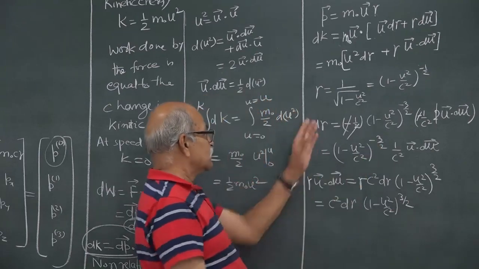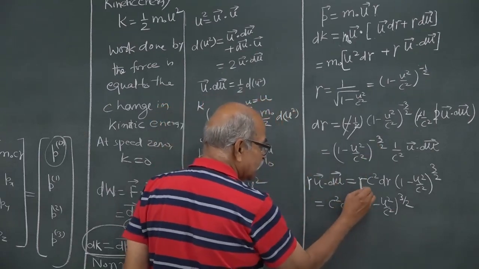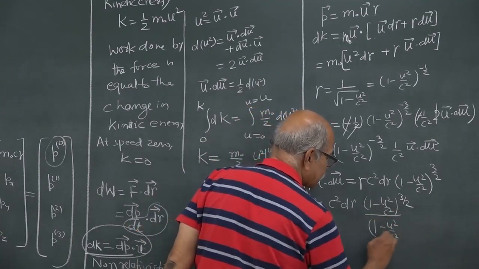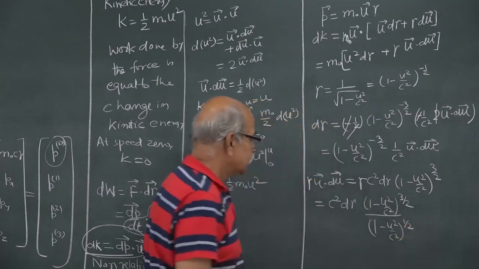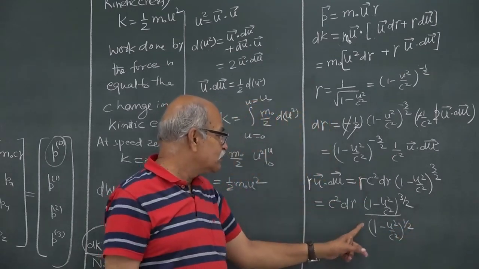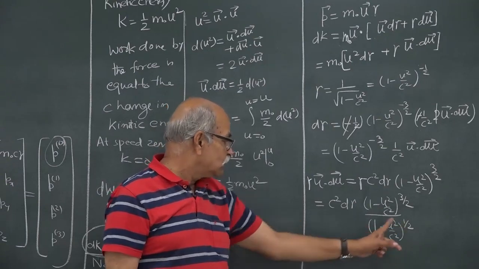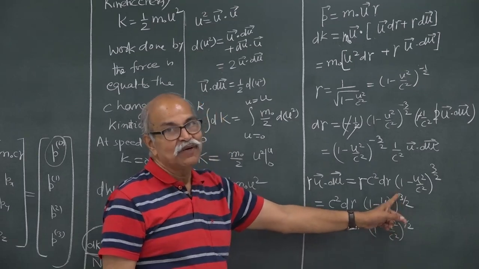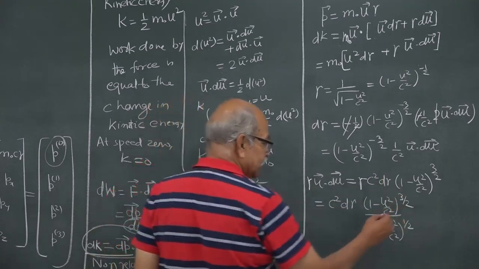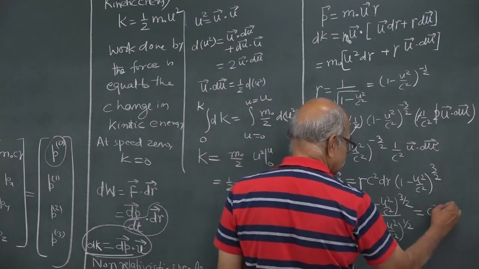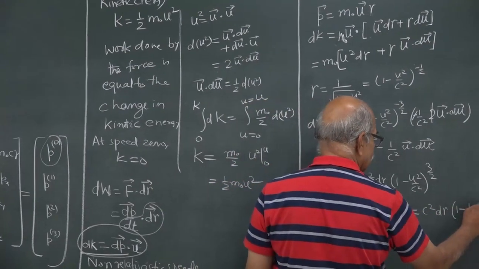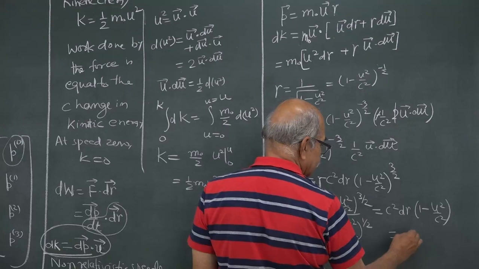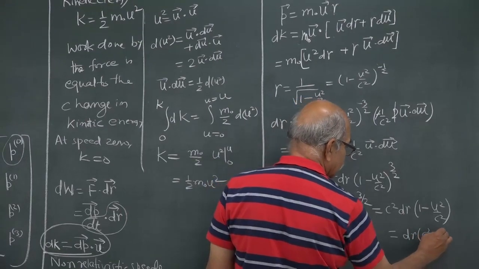The 3 by 2 has come this side, and then this gamma is 1 divided by square root of 1 minus u square by c square, and so this half power and this 3 by 2 power will simplify. It is c square d gamma (1 minus u square by c square). Take this c square inside, it is d gamma (c square minus u square).